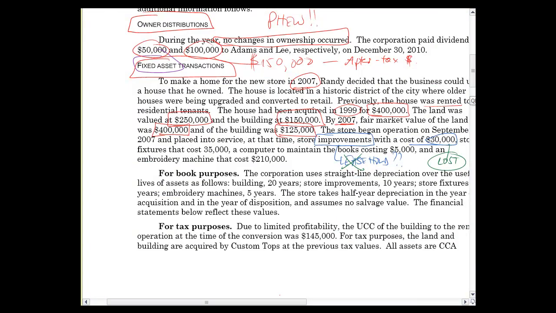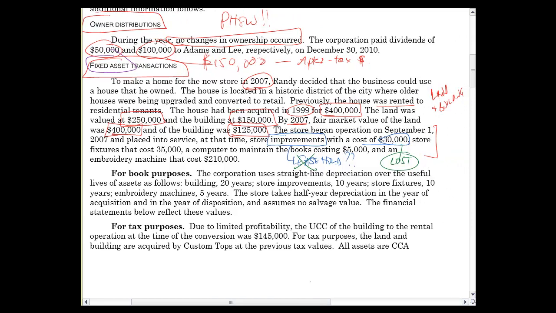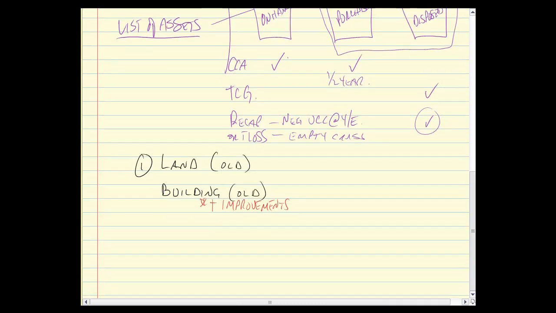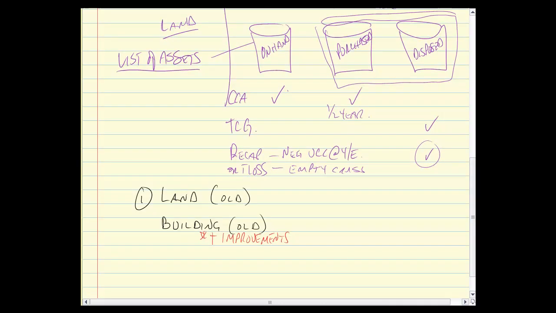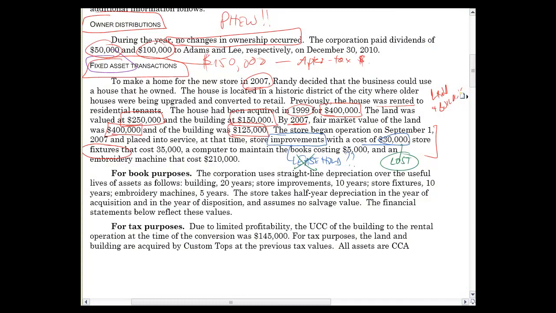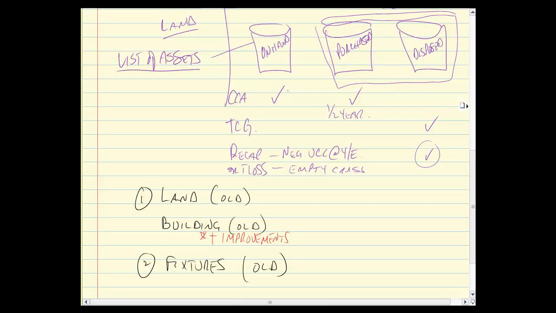Okay, so then we read on, and it tells us about store fixtures. Store fixtures, I will list as our second asset. So these were purchased in 2007, so they are definitely on hand when we start 2010. A computer. Full stop. 3, computer.